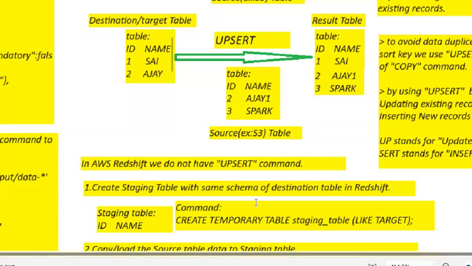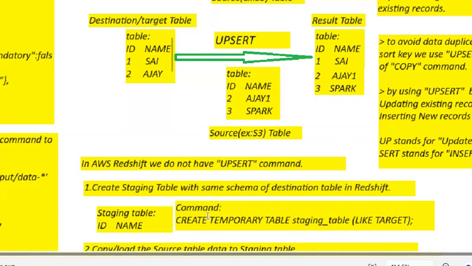This is the command to create a temporary table with the name staging table. Staging underscore table is my temporary table name that I am creating with the same schema as my target table. My target table here is target.